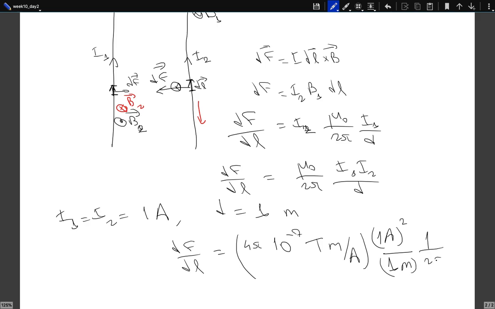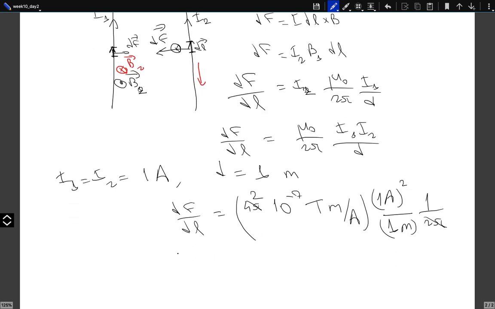And we also have 1 over 2 pi. Well, that 2 pi will cancel this 4 pi, leaving behind that 2. And so the force per unit length will be just 2 times 10 to the power minus 7 newtons.